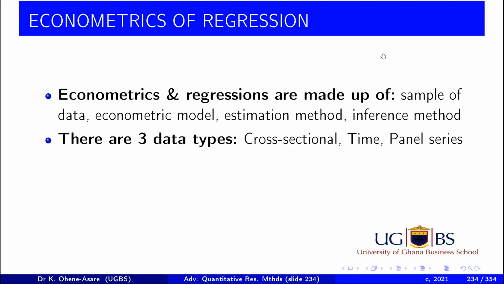The econometrics and regression that we will consider involve sampling data and building an econometric model. So you have to build a model. Now, what is a model, by the way? A model is a representation of reality.